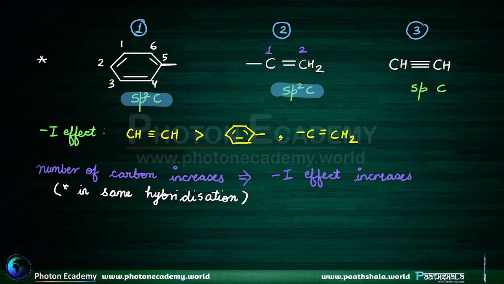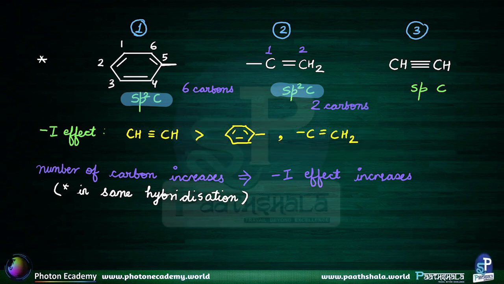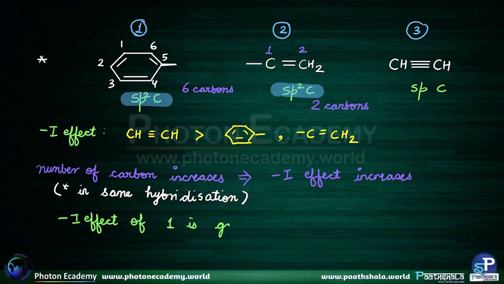So this has 6 carbons and this has 2 carbons, making it very clear to us which will have a higher minus I effect. So out of 2 and 1, minus I effect of first is greater than second.